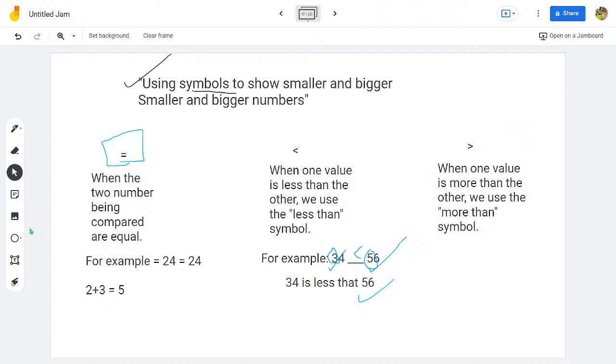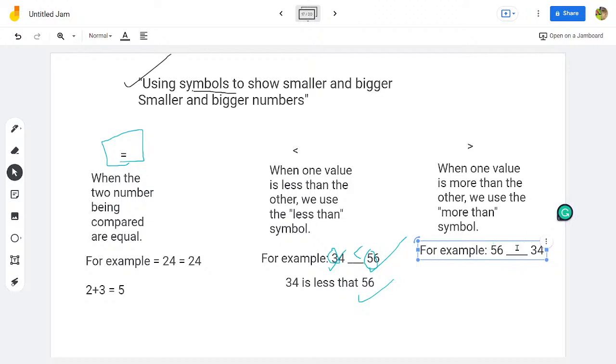Now an example for more than symbol. For example, let's say we have two numbers, 56 and 34.